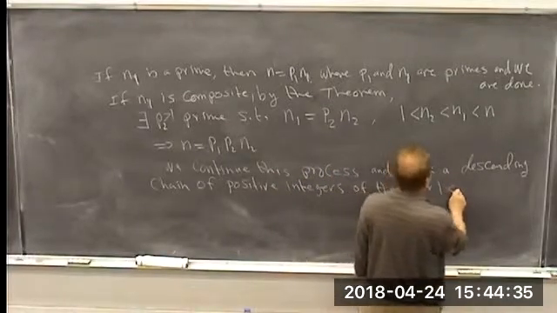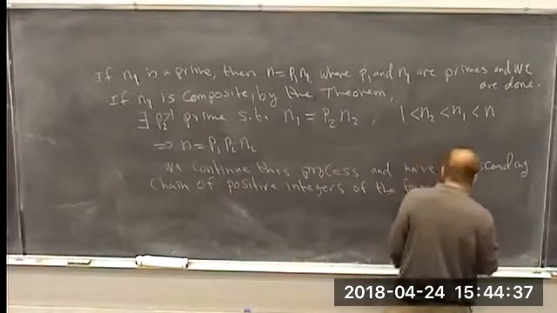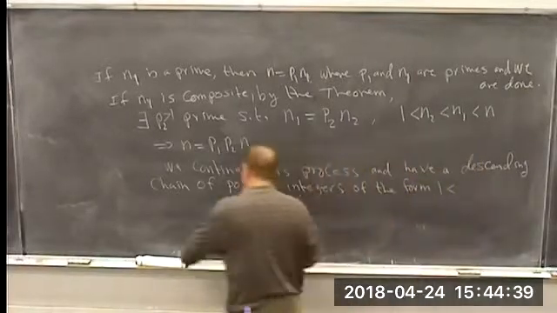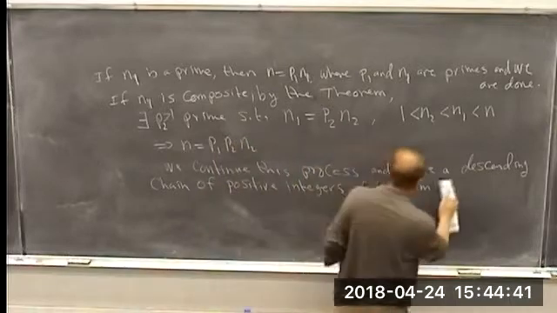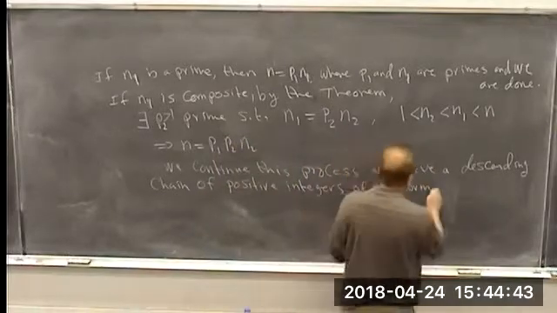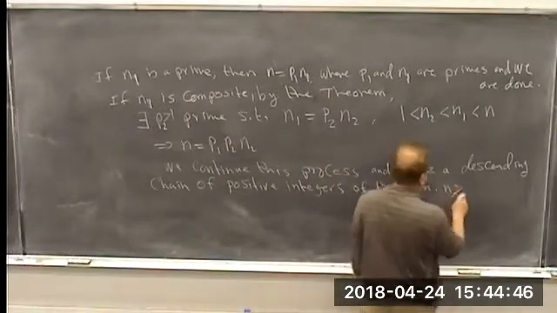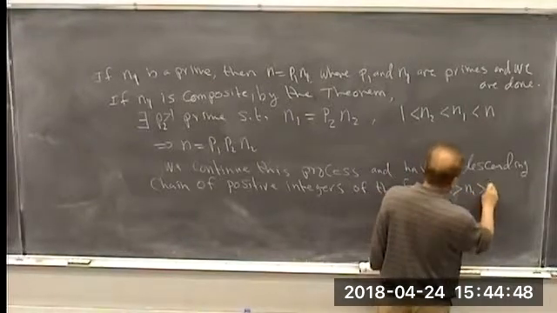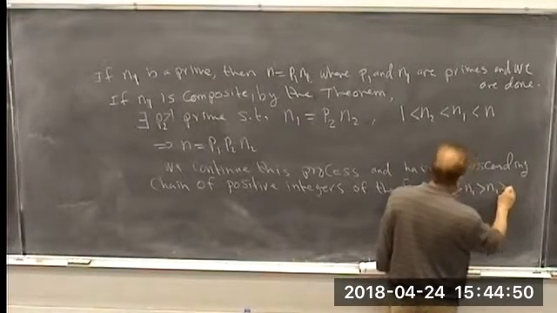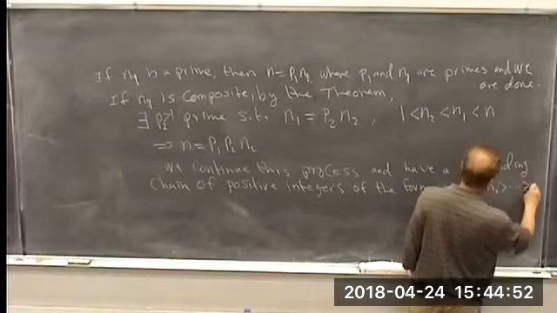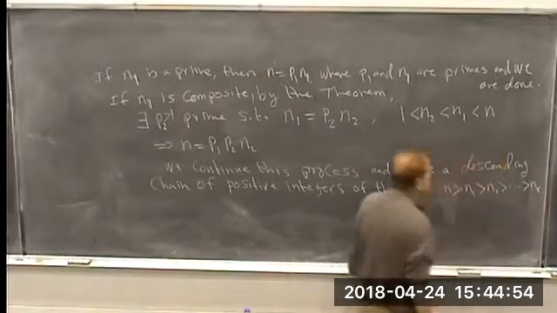We actually write it backward to make it easier to see. So n bigger than n1 bigger than n2, and so on, up to nk.